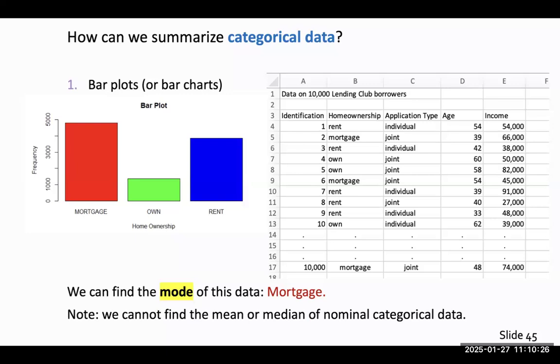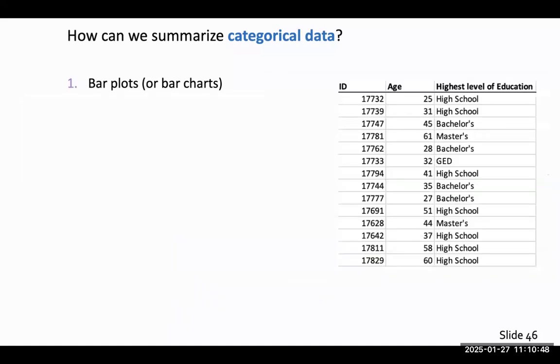For nominal data, you cannot find the mean and you cannot find the median. However, if you have ordinal data, you can sometimes find the median, but you will not be able to find the mean because we cannot add things up in categorical data. So let's look at this little spreadsheet here.